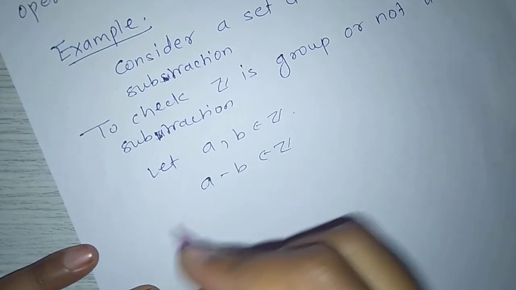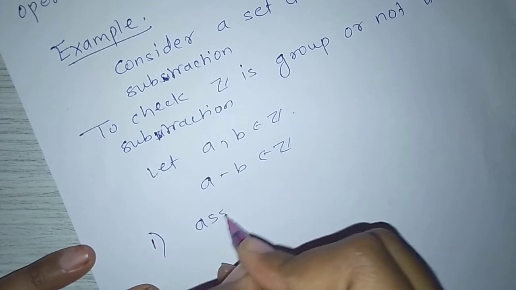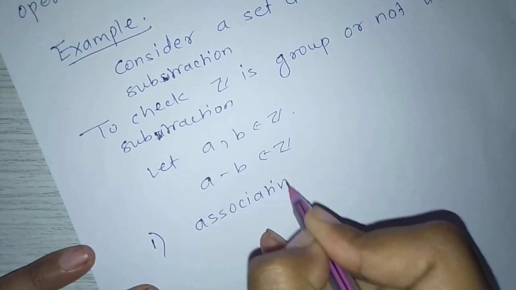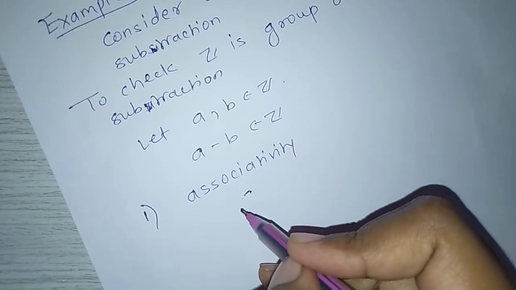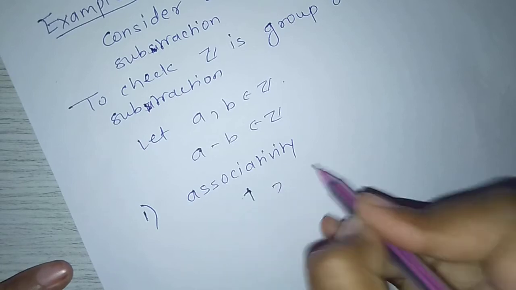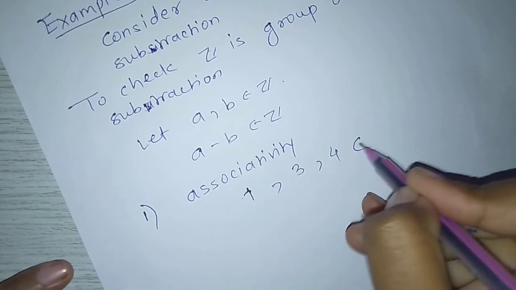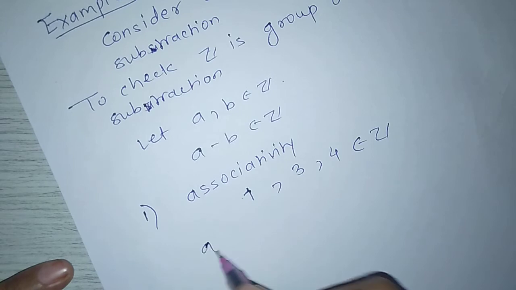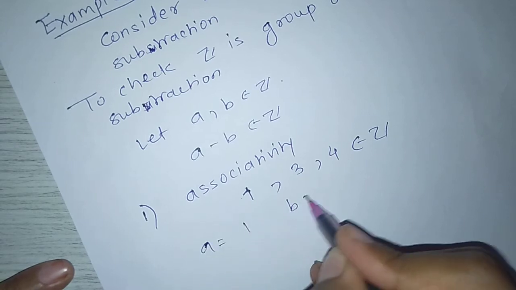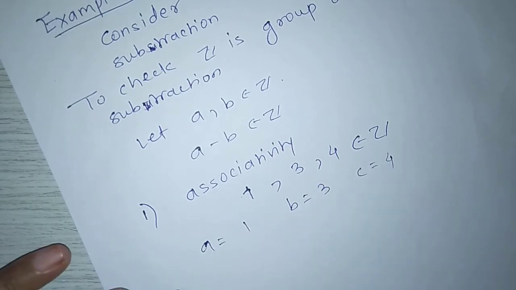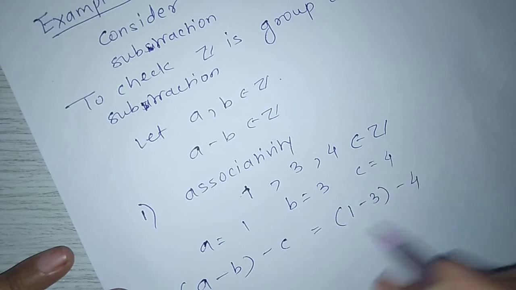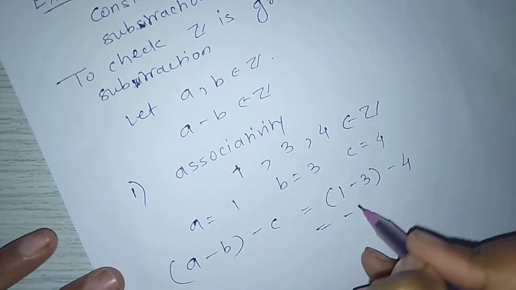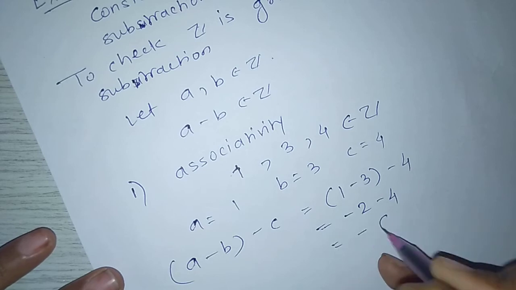Here we prove first associativity. Consider any three elements of Z: 1, 3, 4 belong to Z. Let a equal to 1, b equal to 3, c equal to 4. (a minus b) minus c equal to (1 minus 3) minus 4 equal to minus 2 minus 4 equal to minus 6.